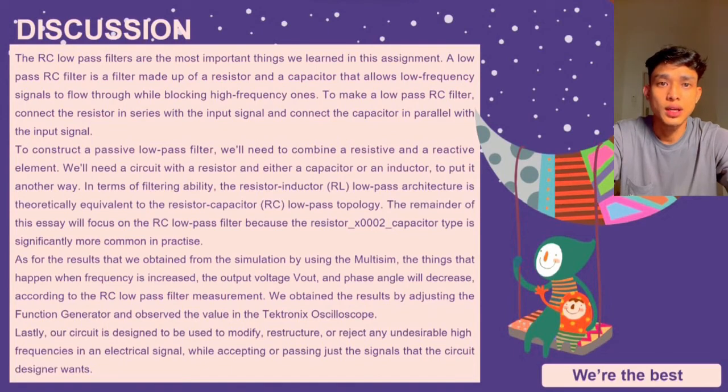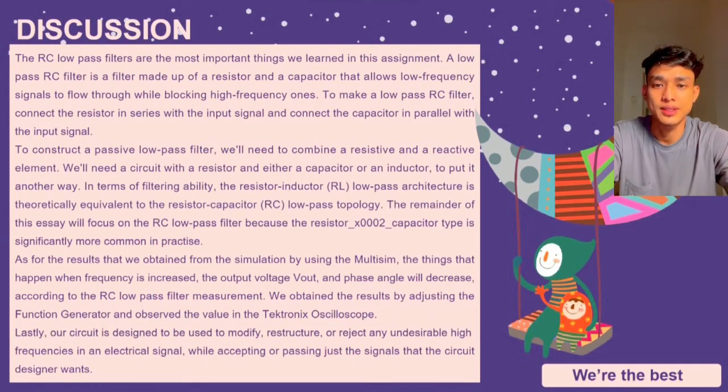To put it another way, in terms of filtering ability, the resistor inductor RL low-pass architecture is theoretically equivalent to the resistor capacitor RC low-pass topology. The remainder of this essay will focus on the RC low-pass filter because the resistor capacitor type is significantly more common in practice.